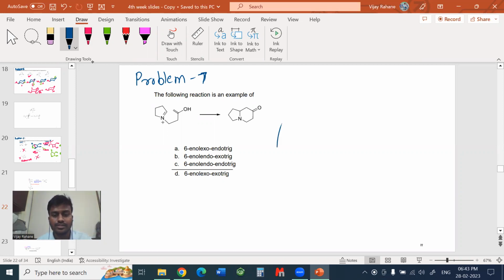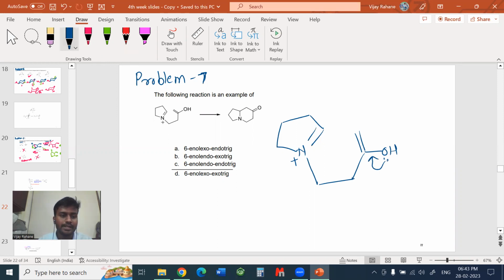So if you see this, see, nitrogen has the positive charge. So this lone pair of oxygen will attack here, right? I will draw it differently so I am able to visualize this.